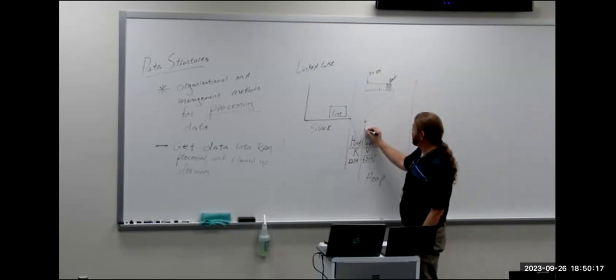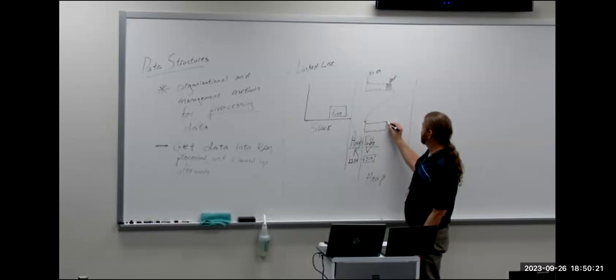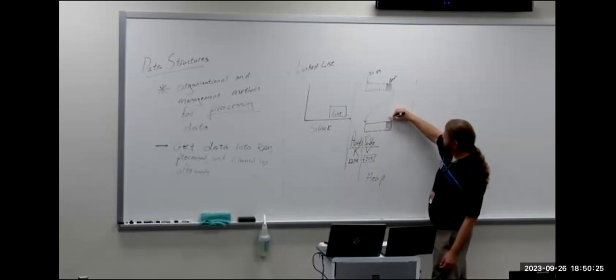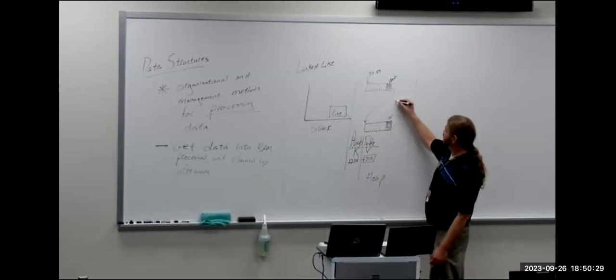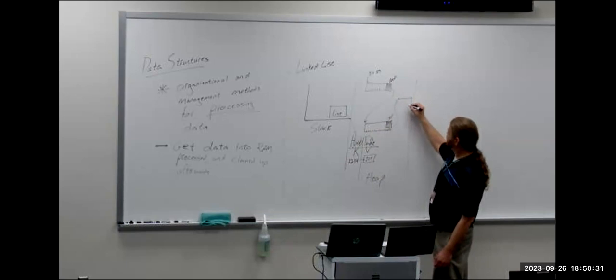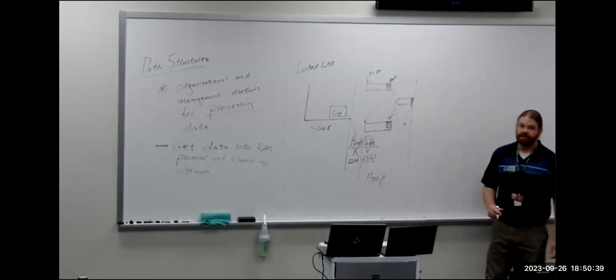So it can point over here. Maybe there's another one down here, with all the bits making it up. And then we have that next. Again, I'll point one more over here. Get our variable, and then eventually we get to one that just points at nothing.